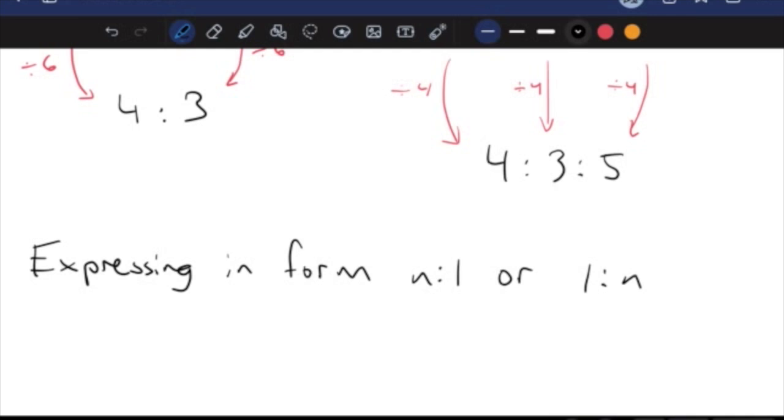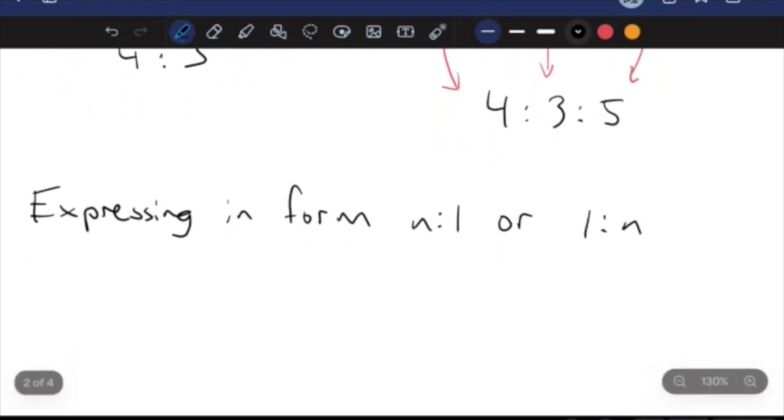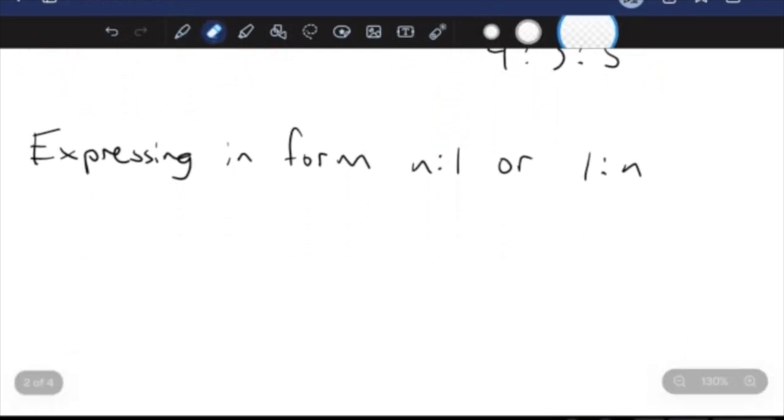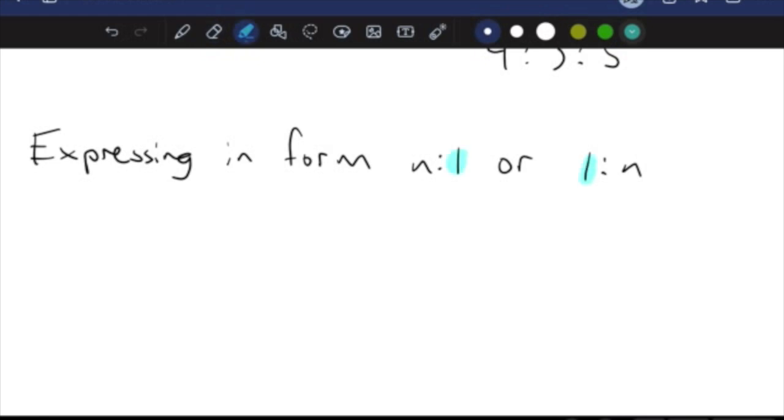So basically just going with one of the parts of our ratio, dividing through until we get 1 as either of these, and the n is just going to be our other number. The order doesn't really matter, but these are just different ways we can express different ratios. It doesn't matter where they are on either side of this ratio sign. These two things are exactly the same. They're communicating the exact same information.